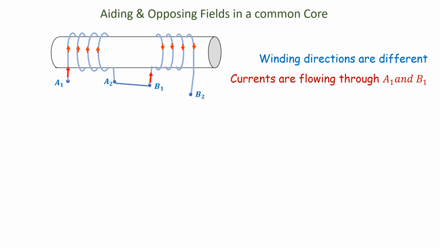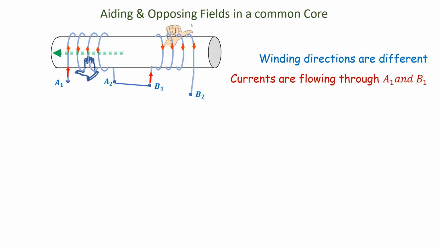The currents are flowing through A1 and B1, which are the starting points of both the coils. Now apply the right hand grip rule to coil 1, the thumb being directed towards left. The coil 1 flux is towards left.